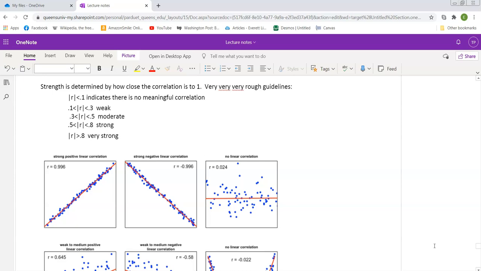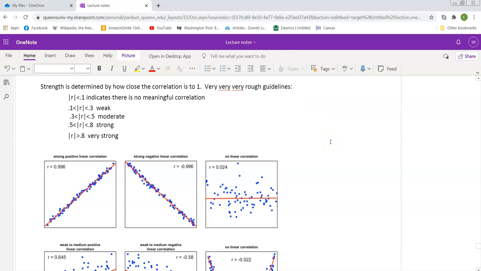These guidelines are somewhat arbitrary. Every textbook, if they list guidelines at all, will list slightly different ones. Some textbooks just don't want to do it at all because these are not set in stone. Notice I put very, very, very rough guidelines.